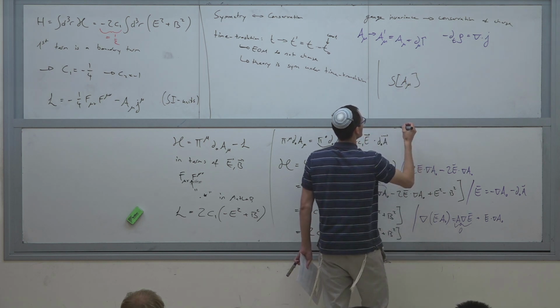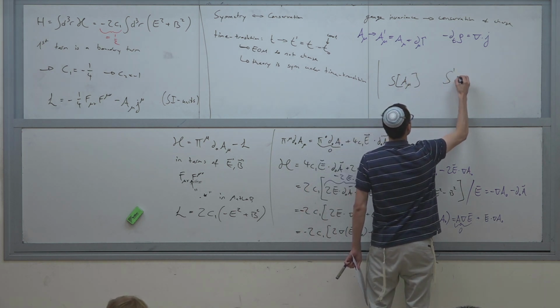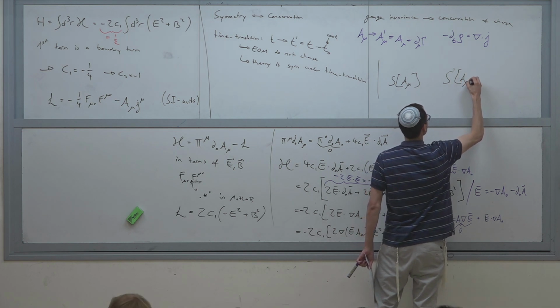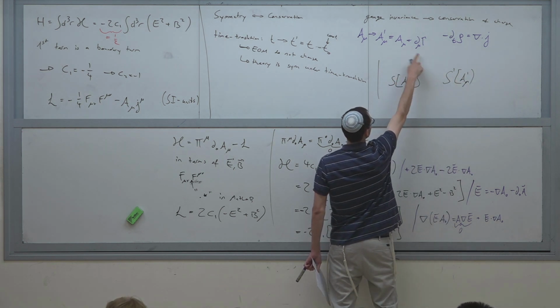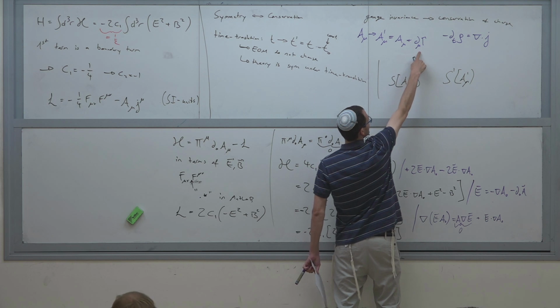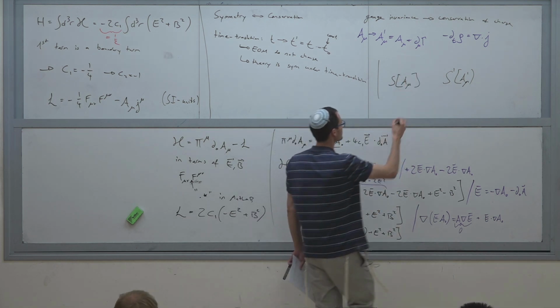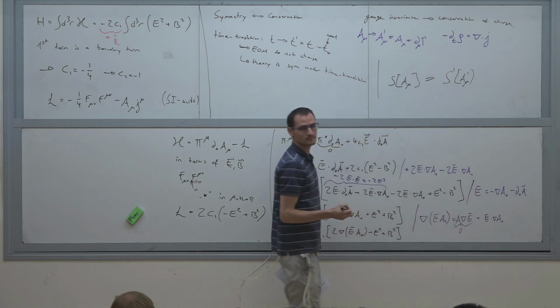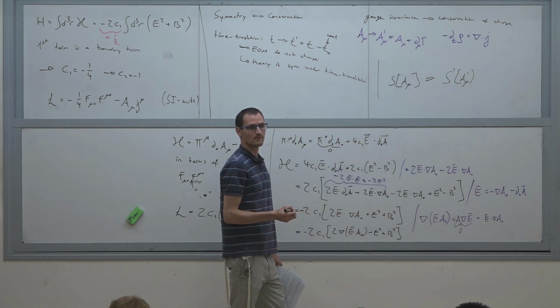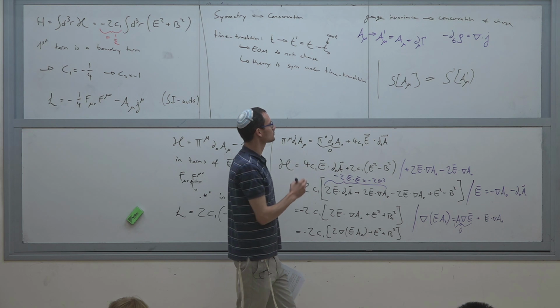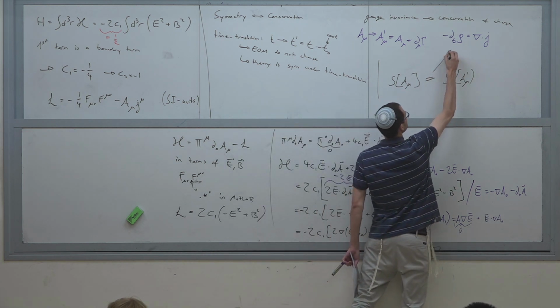I am then going to form an action which I call S prime that depends on the fields A mu prime, which is equal to the original A mu plus this transformation. And then I'm going to require that these 2 are equal. And when I require that these 2 are equal, that will lead to this equation.